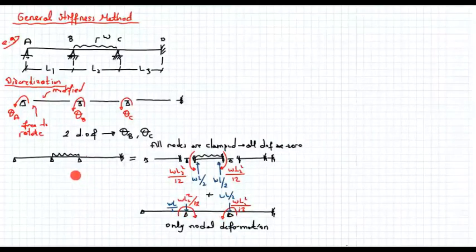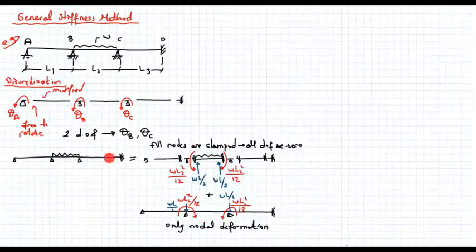And you can just think of it this way. This is our original structure, where we have all the forces and all the deformations. And I'm separating that structure into two parts. The first part is where I have no deformation, only the effects of the applied member loads, plus the effect of the nodal deformation. So this case plus that case should give me whatever I have in this case.